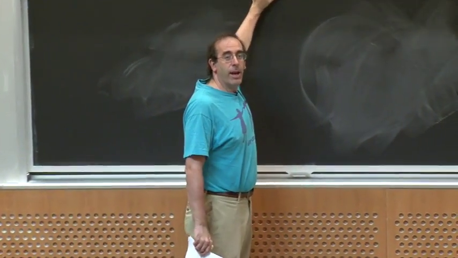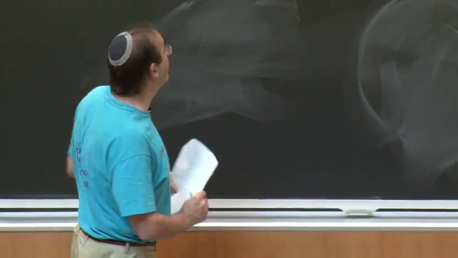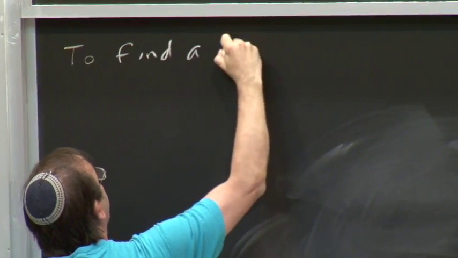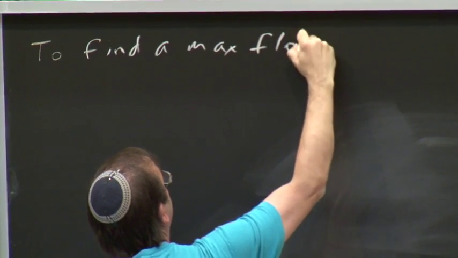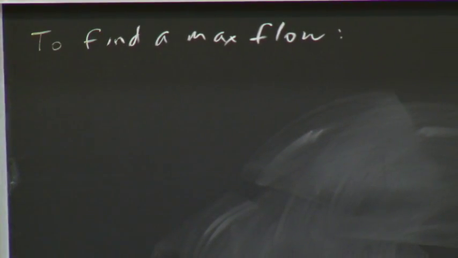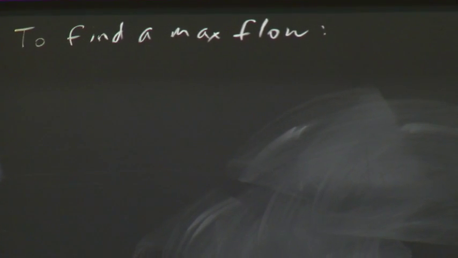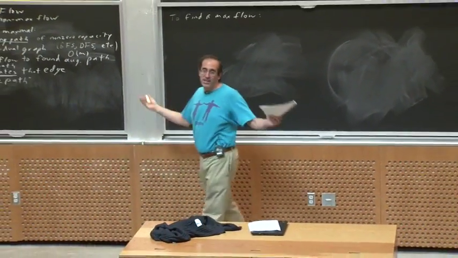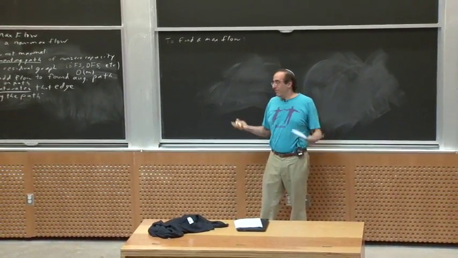Now, how do we go from there to an algorithm for finding a flow? Yeah? You can keep improving it. Great. Yeah, this is a standard, right?